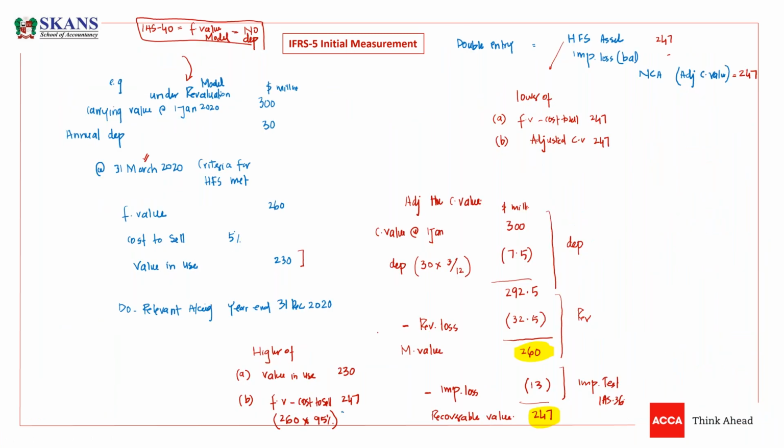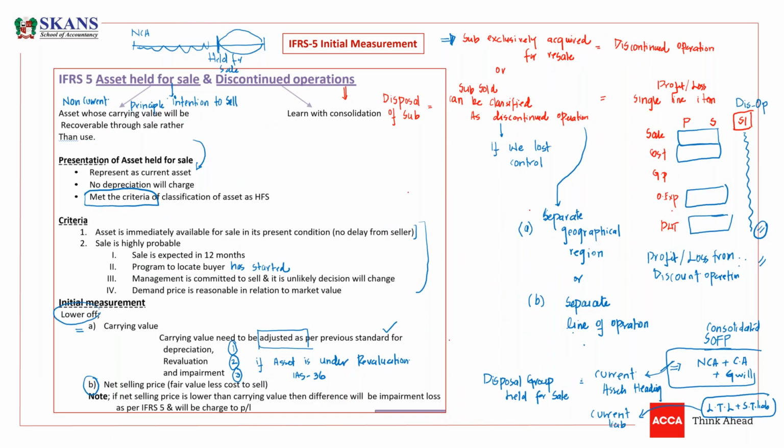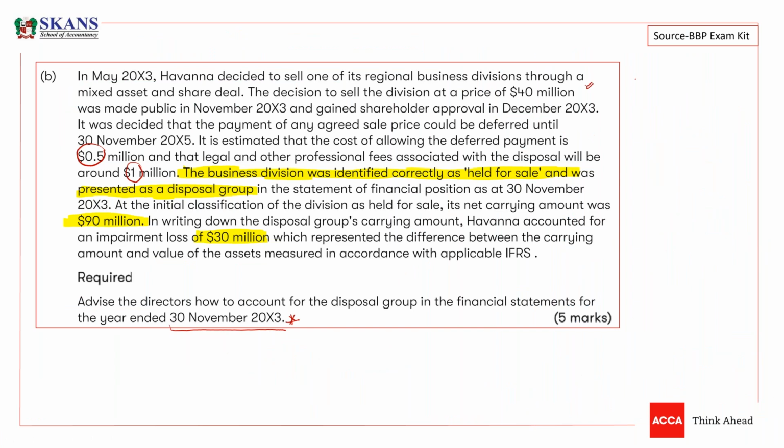Now, listen carefully. Tell me how we can adjust the carrying value. The carrying value is given, guys. We are demanding 40 million. This would be a market value, the demand price. But here I'm just calculating the adjusted carrying value.